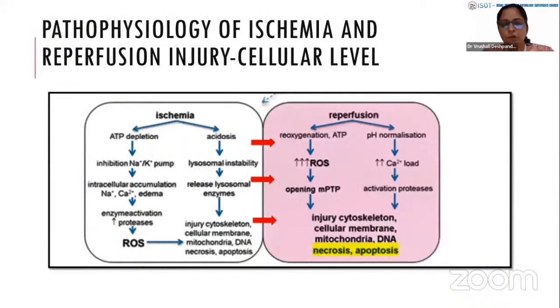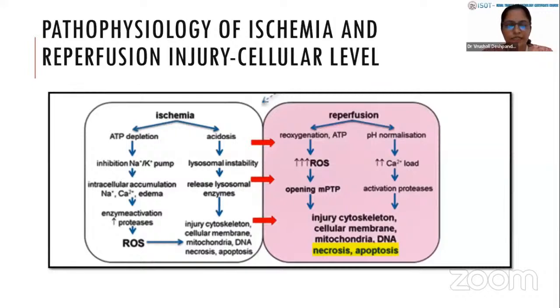Now let us see what happens at the cellular level. We all know ischemia is the injury because of decrease in the oxygen and nutrient supply to any organ. Now, what happens when there is decrease in the oxygen supply? We know cells thrive on ATP. As the oxygen goes down, the aerobic glycolysis goes down. There is depletion of the ATP.